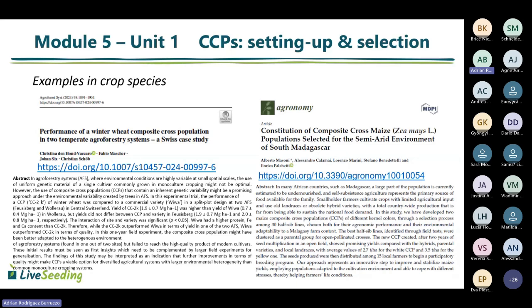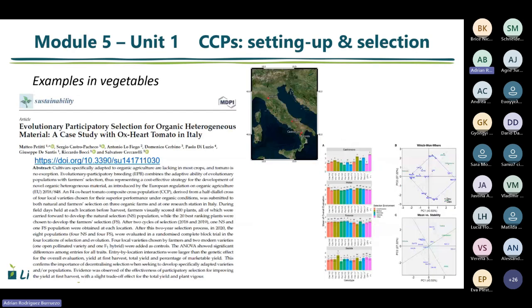So this is another example of the utility of the composite cross populations.